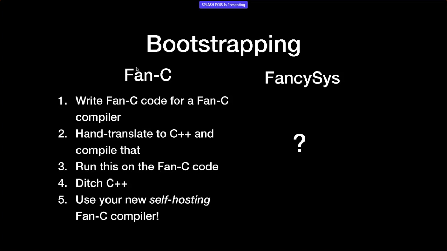Luckily, you can then use this temporary compiler to compile the code you wrote in step 1. And then at this point, you'll have a self-hosting compiler. You can create the next version of the Fancy language in the current version, and you can keep doing that and work on it by means of itself and forget all about C++, or in my case, JavaScript.